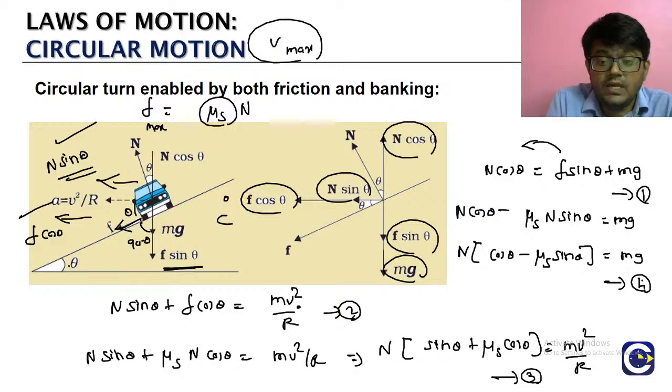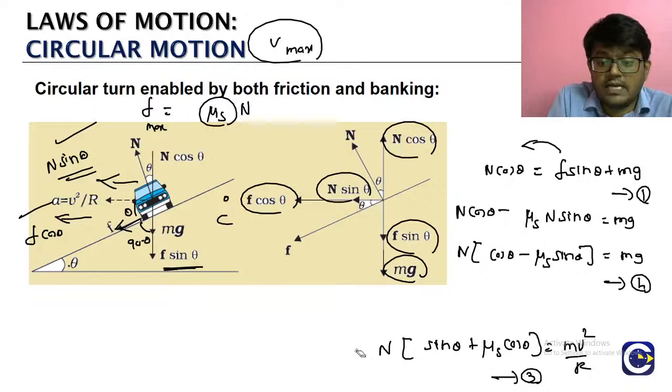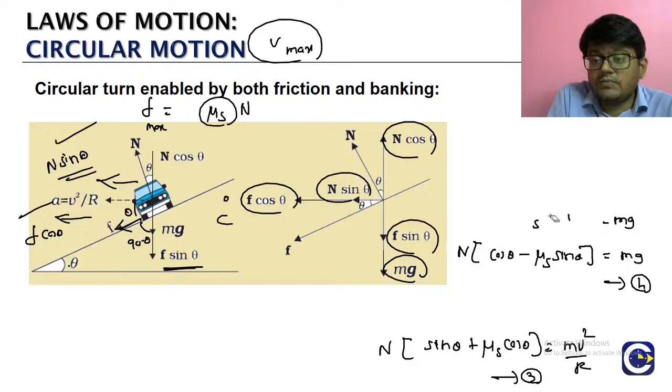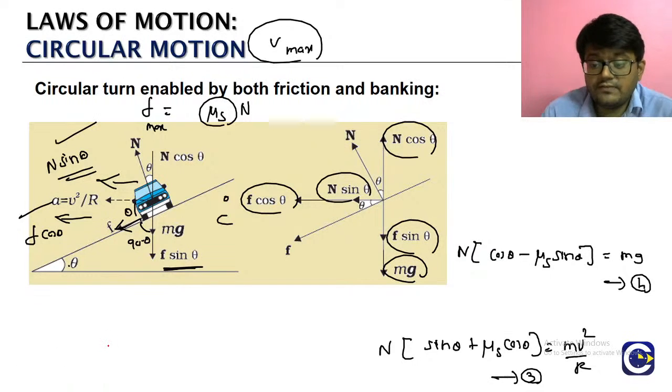So from here, whatever v we are going to get is going to be the maximum velocity which we can have and still achieve the turn on this particular road, which is banked and also has friction.